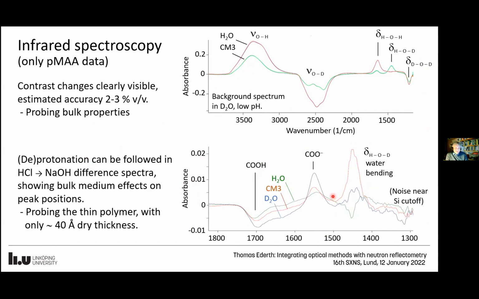It's worth noting that the layers here are quite thin for an ATR experiment. So in view of this, I'm quite happy with the quality of the data we get. There's some extra noise because we come near the silicon cutoff here. But otherwise, this is working fairly well.